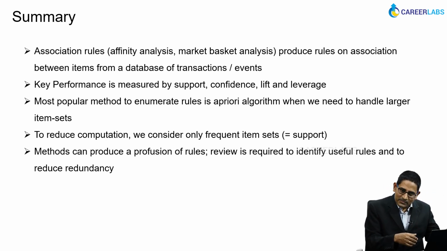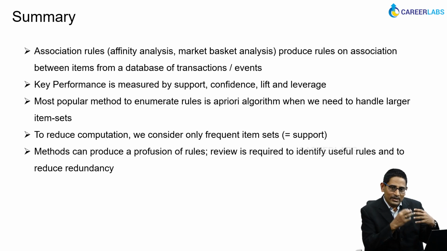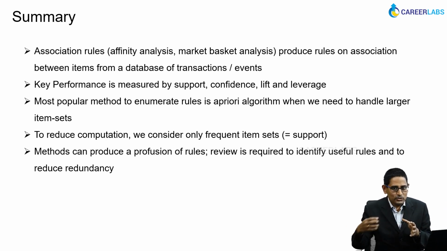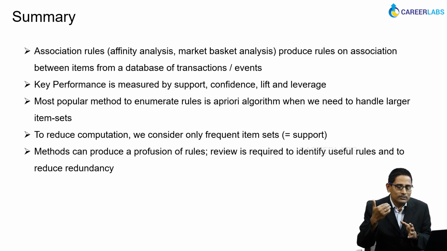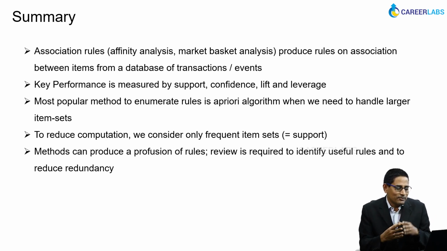We have seen point of sale transactions, then gone on to create a binary matrix format, then applied measures to understand support, lift, confidence, and leverage. We have also used a popular algorithm, the a priori algorithm, to handle larger item sets in an effective manner.